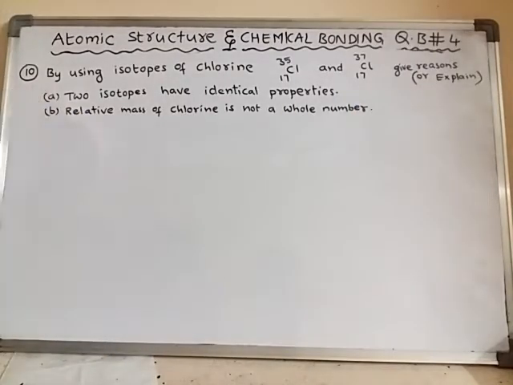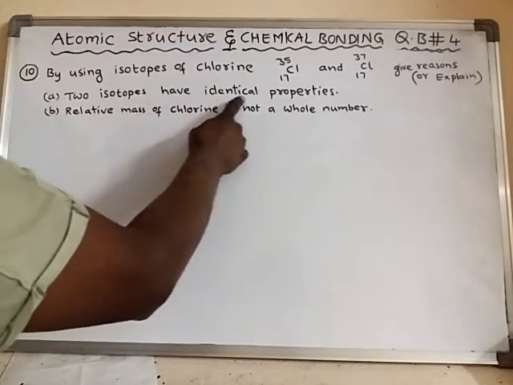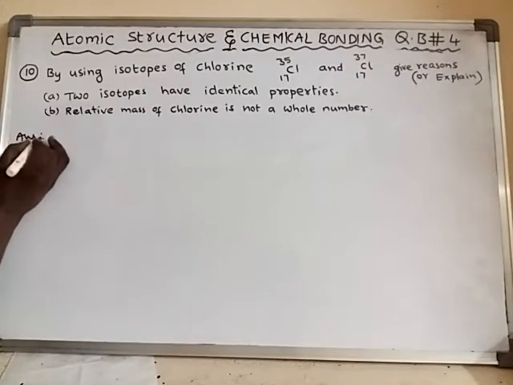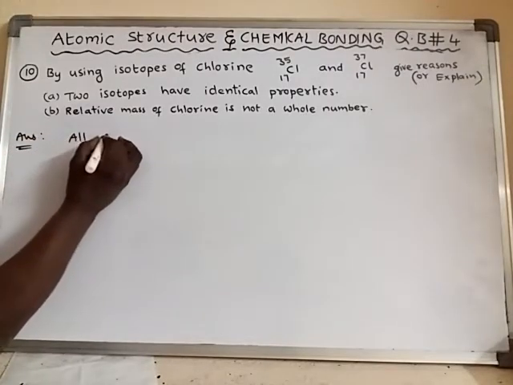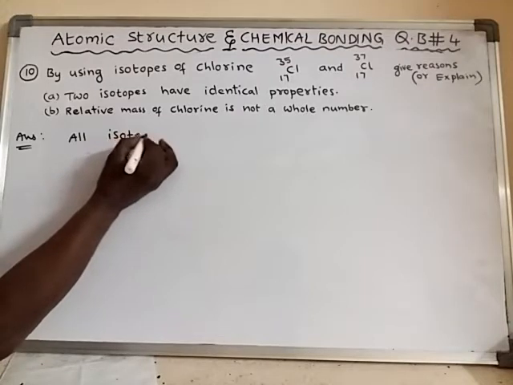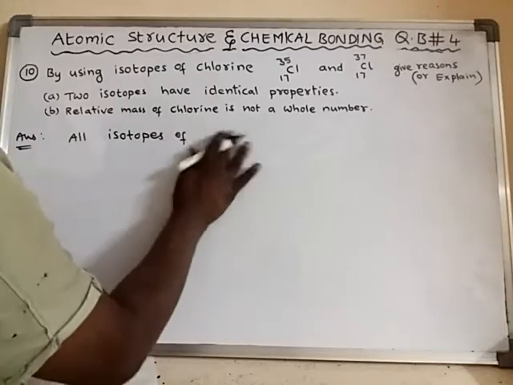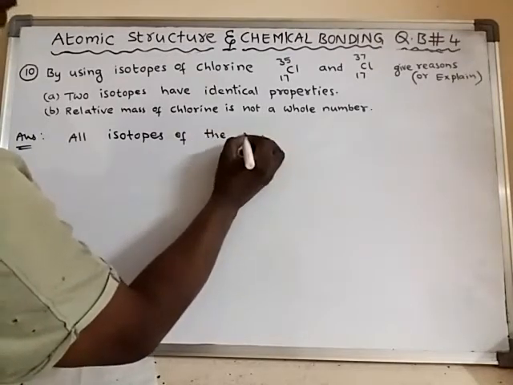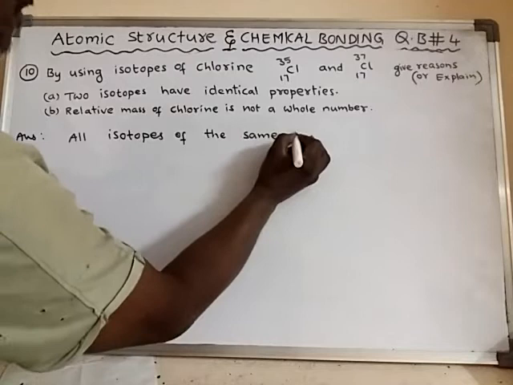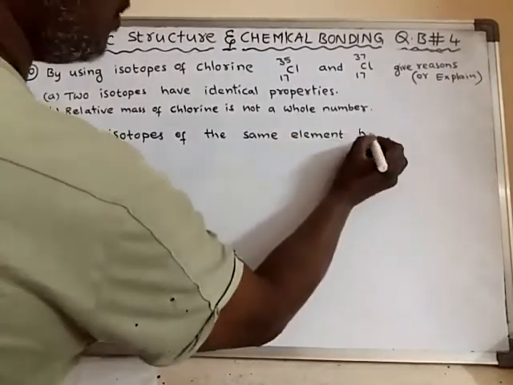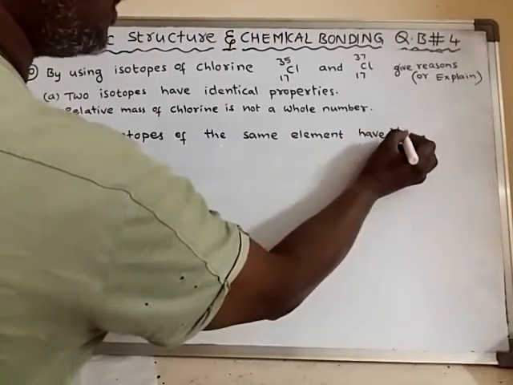So what is the first one? Two isotopes have identical properties. So always remember that all isotopes of the same element have identical properties.